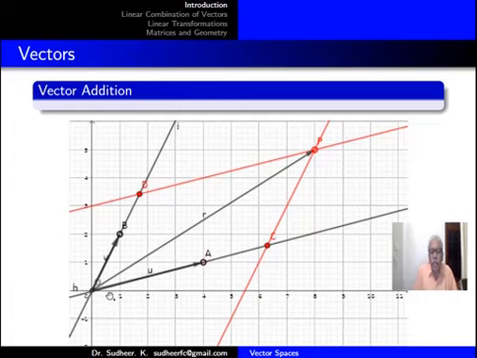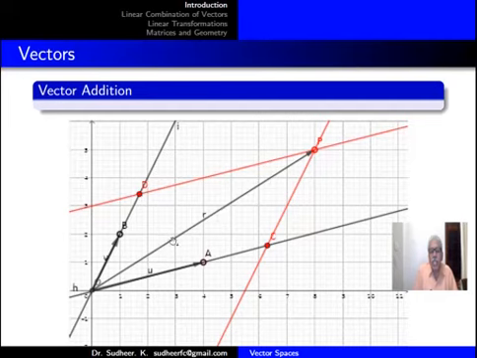Now, if you take the vectors OC and OD, their sum will be OP by our earlier discussion. Now, what is OC? OC will be a suitable multiple of OA, and OD will be another multiple of OB.